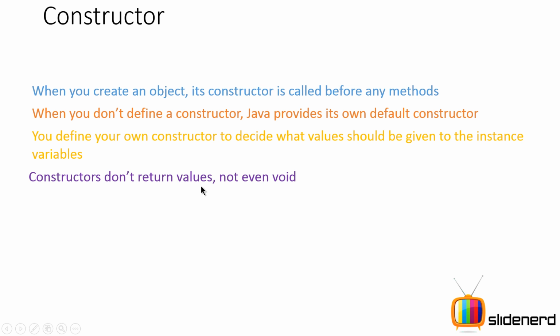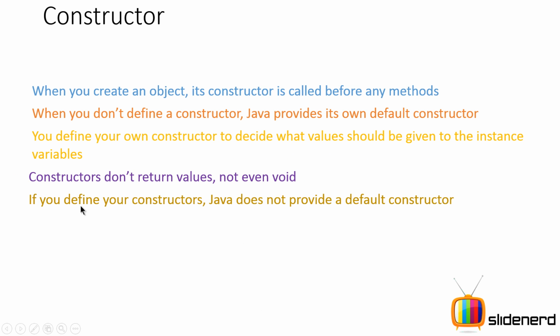Constructors don't return values, not even void, and of course they don't have return statements inside. And if you define your constructor, then Java does not provide a default constructor. Now this is one major point that you need to remember. And most of all, the constructor name must be the same as the class name, otherwise it becomes like a normal method, which is not the case, right?